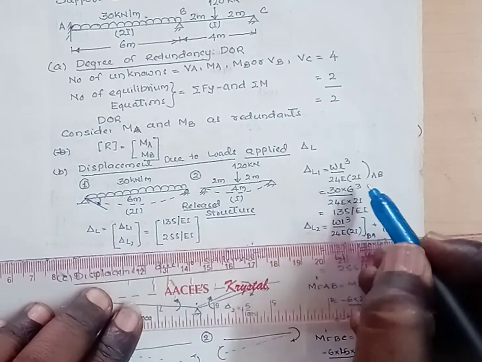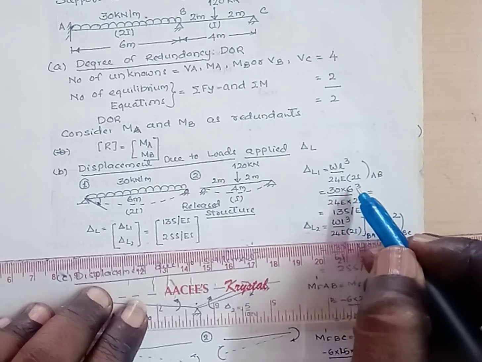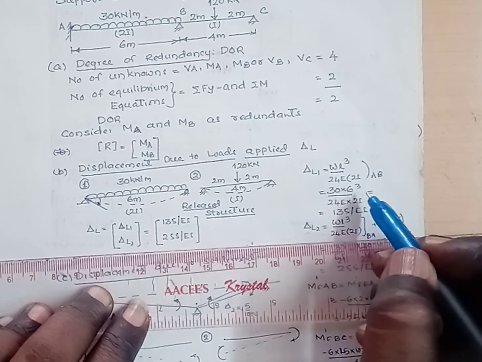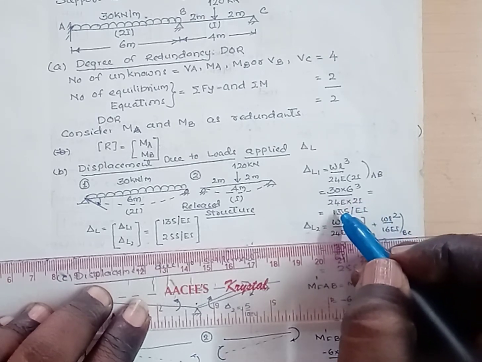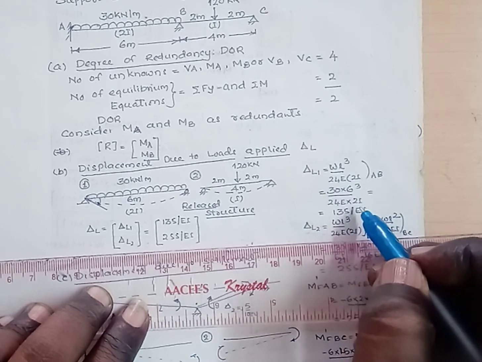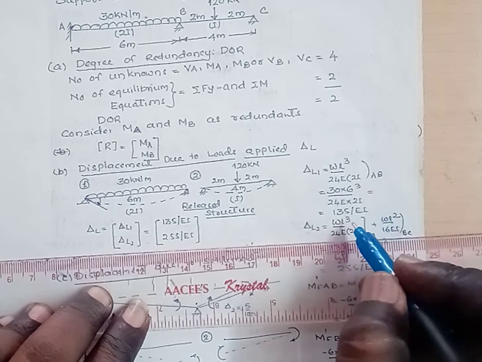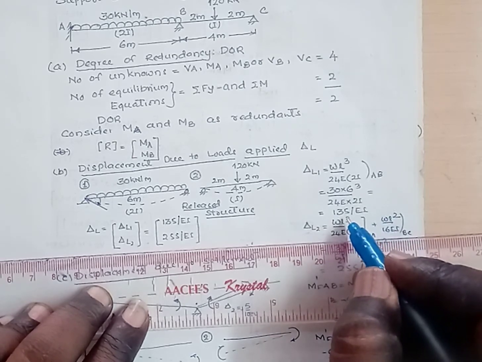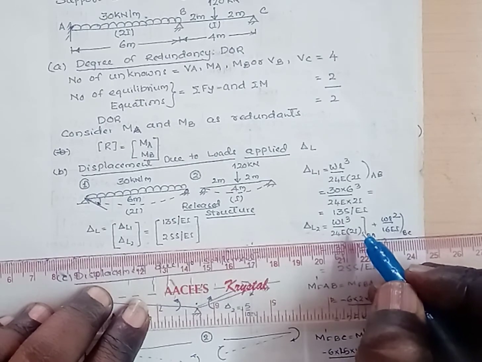Delta L1 equals WL cube divided by 24 EI, that is the slope at A or slope at coordinate 1. By substituting the values of W and L, W is 30, L is 6, divided by 24 into E, the moment of inertia is 2I in span AB. After simplification, you will get delta L1 equals 135 by EI.